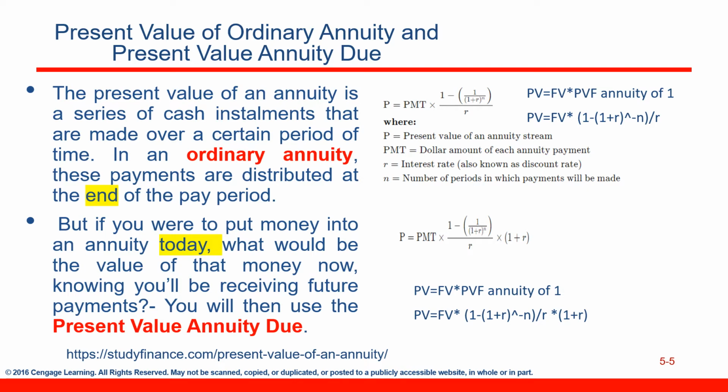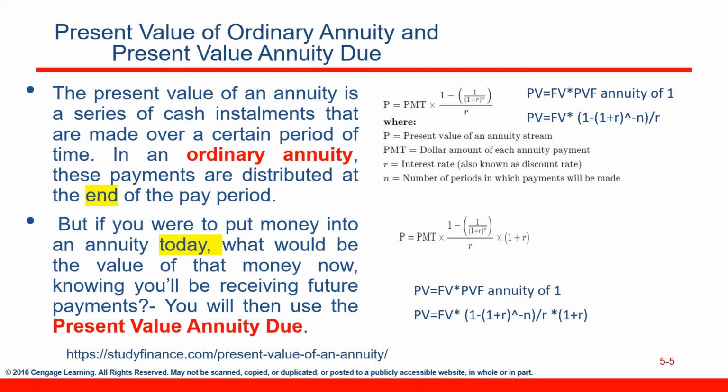So it depends upon you, wherever you are comfortable. Now for present value annuity due, your formula would be the payment times the present value factor of annuity of 1, which is 1 minus 1 divided by 1 plus r raised to the n over r, and then again multiply it by 1 plus r.